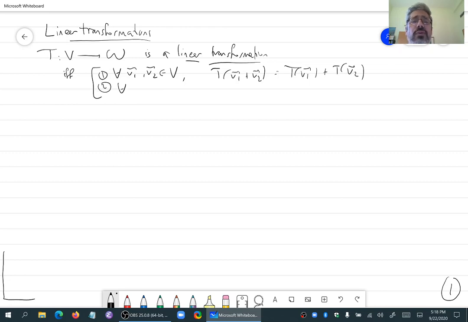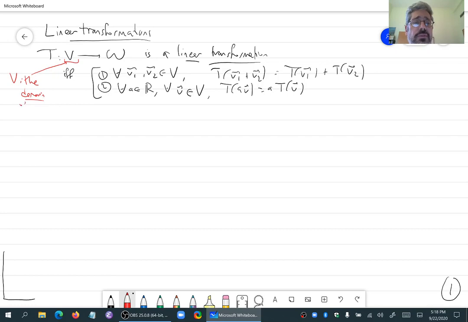And second, for all scalars A and for all vectors in V, V being the domain, T of AV equals A T of V.